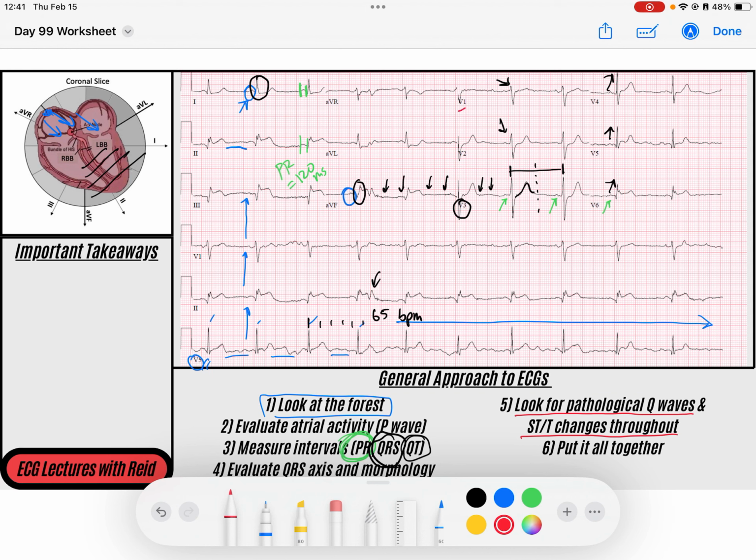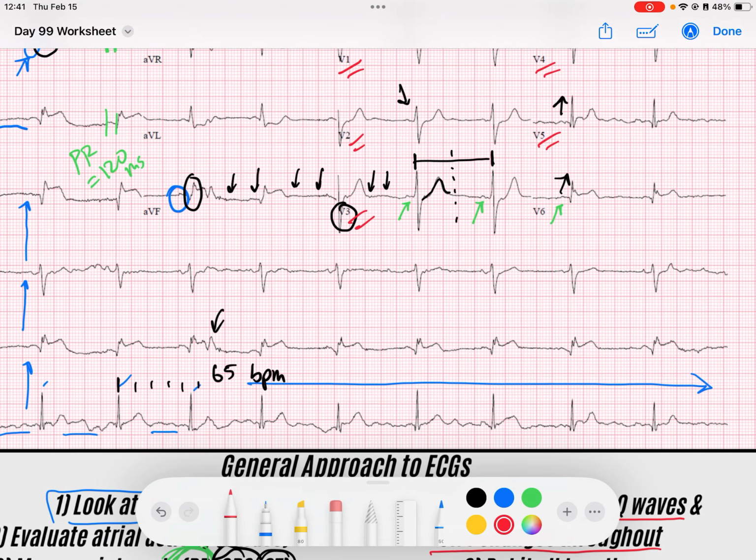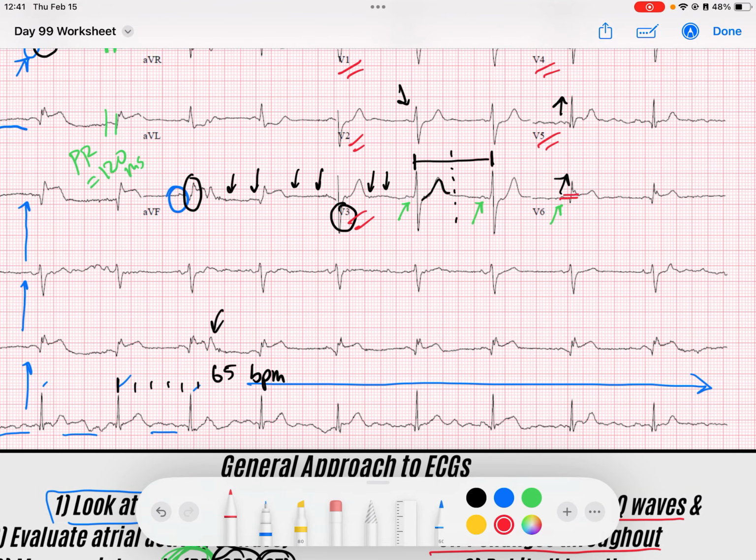And so the first thing I think that stands out to all of us is that we scan through, we have V1 and V2 look normal, so septal we look good, V3, V4, anterior we look okay, V5 looks okay, and V6, you wonder, is that a little bit of ST elevation?